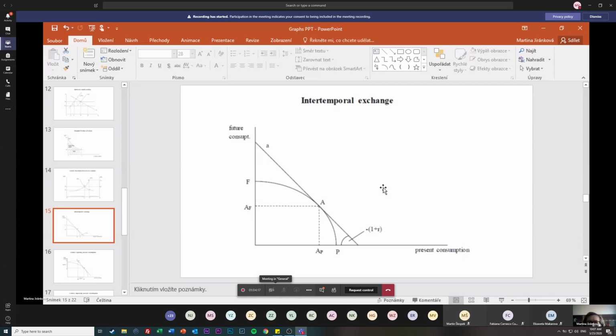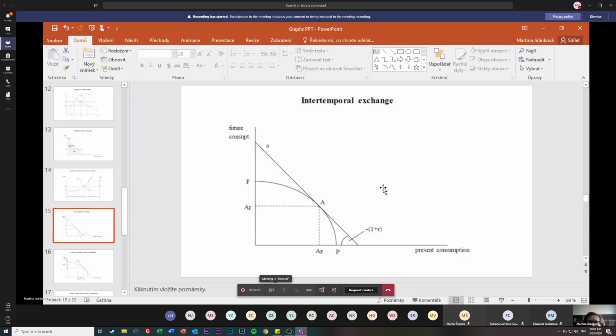I will be quiet for some time, and then, again, please think of wheat and cloth, and everything in the graph is the same.